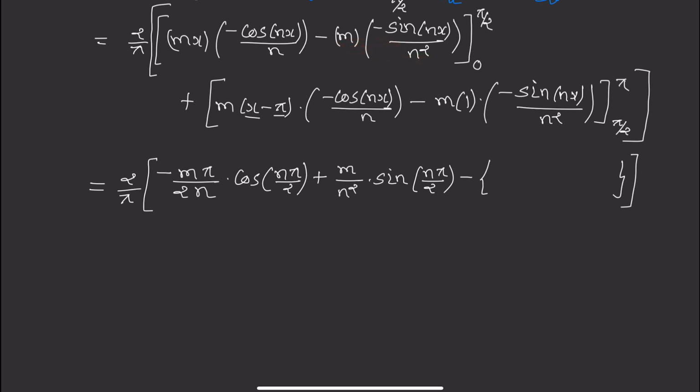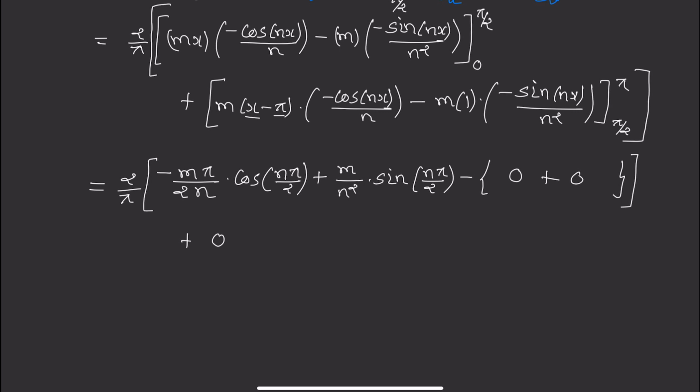So here the answer is 0 plus 0. Now for this particular quantity plus, let us substitute x is equal to pi. So pi minus pi becomes 0. So the first term is 0.